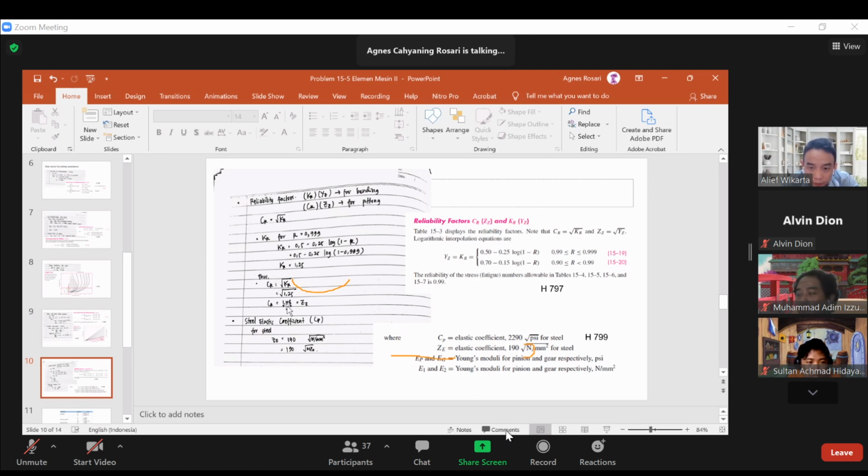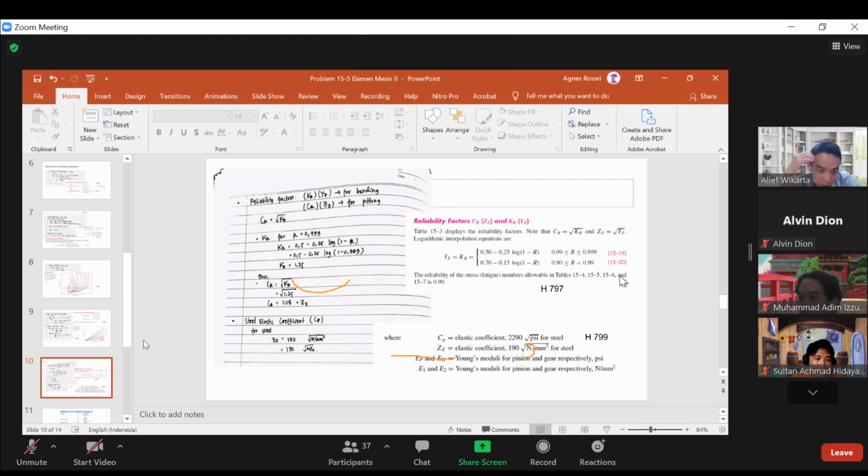Then the reliability factor is equal to square root of KR. So we got the reliability factor equals 1.118. And the last one is the steel elastic coefficient. Since it is steel, we can use the elastic coefficient equals 190.